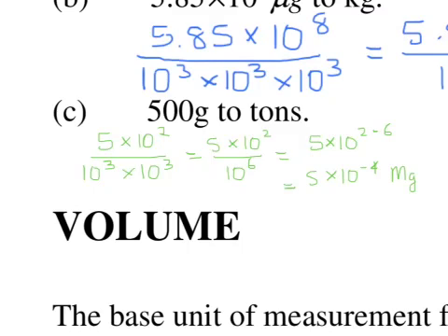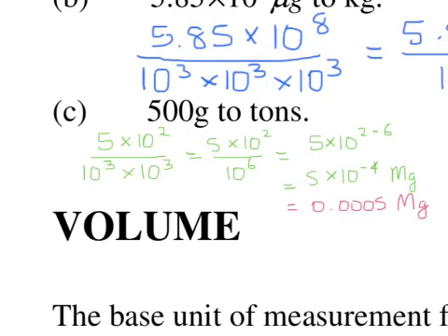As a conventional number, it means we need to move the decimal point towards the left, 4 places to the left, so it would be 0.0005 megagrams or tonnes.